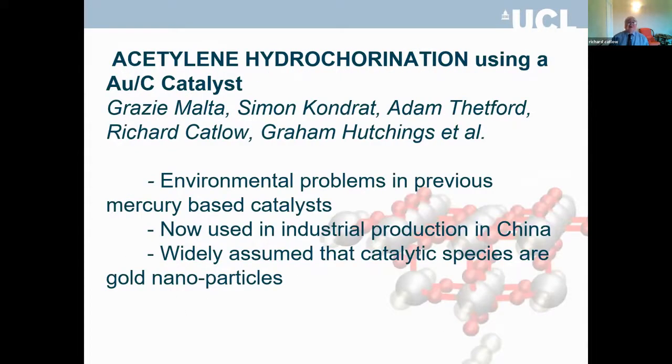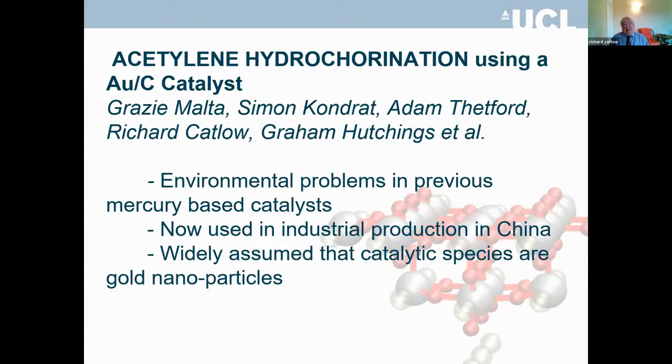Now let me move on to my third example. This is work on what is now an important industrial catalyst. I should say this work was very much led by my colleague Graham Hutchings, who is a pioneer in the use of gold in catalytic science and technology.